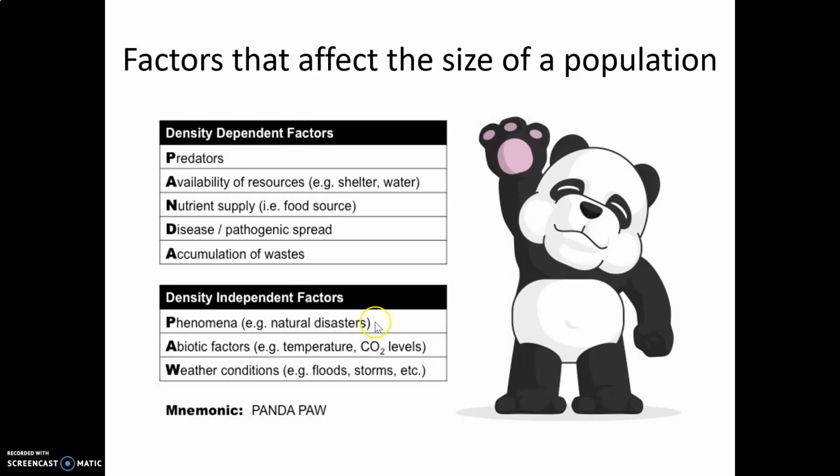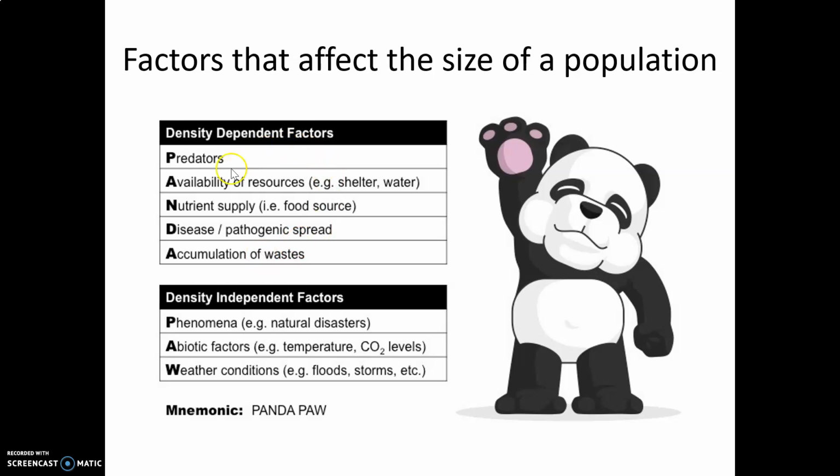So natural disasters, global rise in temperature, for instance, weather, more extreme weather conditions, stuff like that. Doesn't matter if there is 20 squirrels or 2,000 squirrels, they would still all be affected by this. So that would be density independent factors.